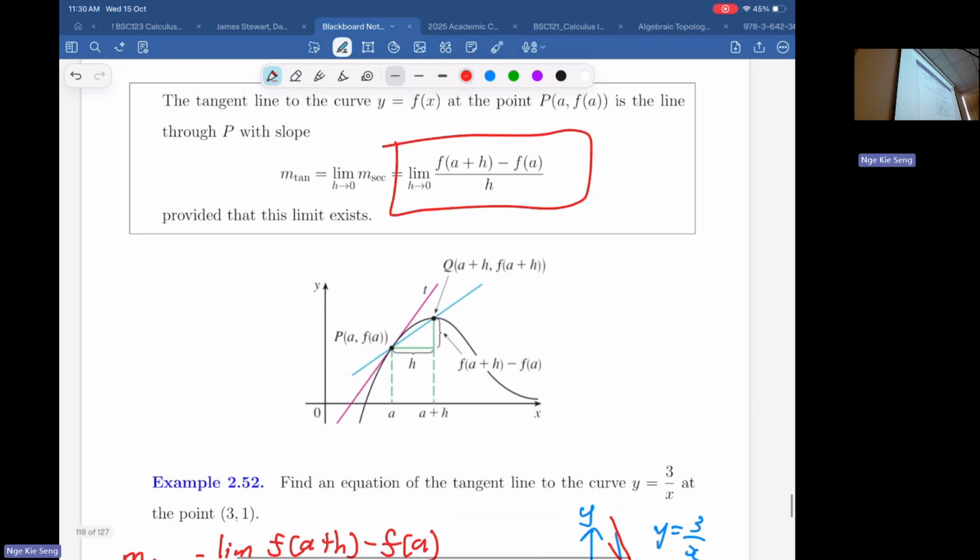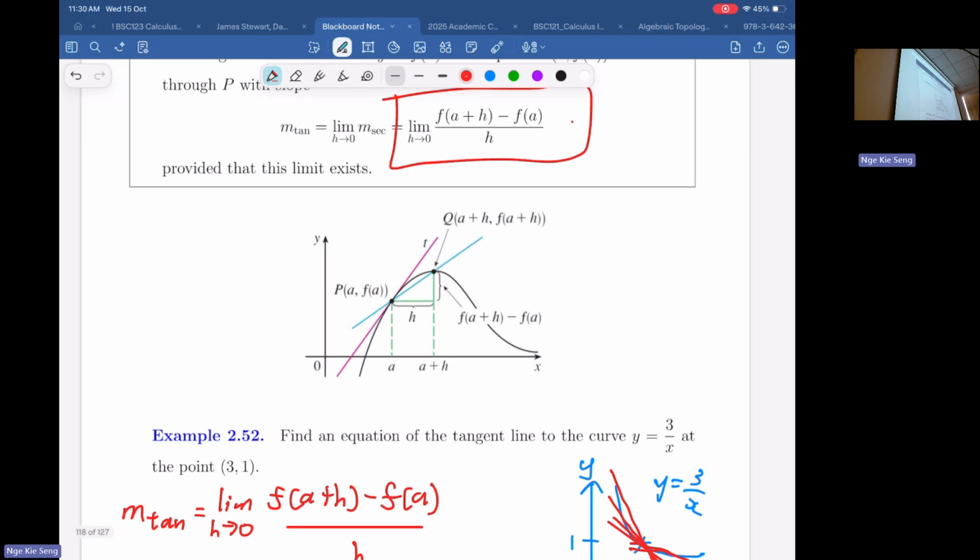Let's fix this one, otherwise the one I showed you just now has a minus sign. It is equivalent to what I have just now, just different by a minus sign.